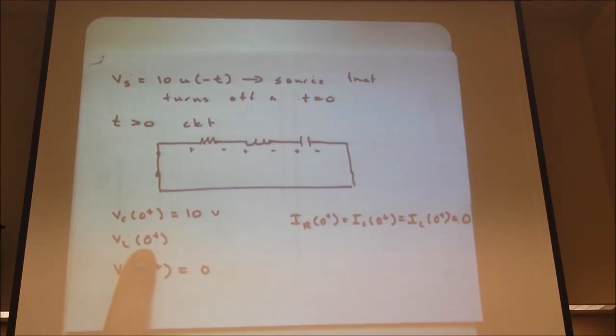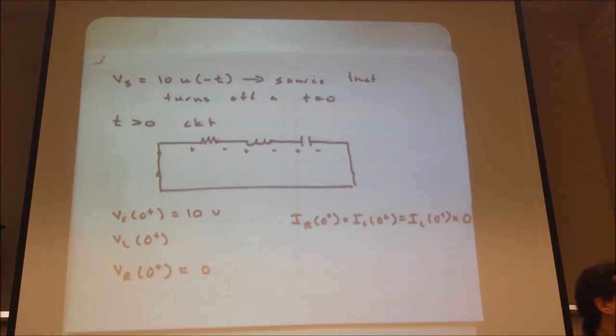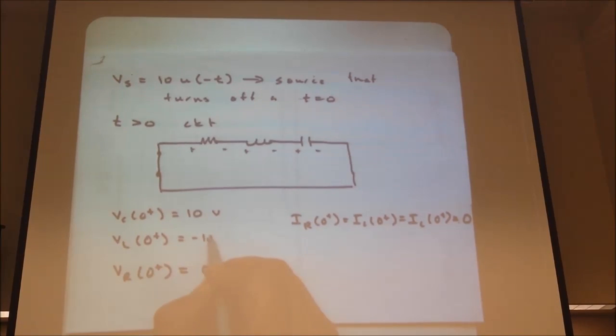So what's this? And here you want to be a little bit careful. So what's the voltage across the inductor? Well, it can't be 0 because KVL doesn't allow that. So KVL is our friend. Negative 10. Exactly. So this has to be minus 10.